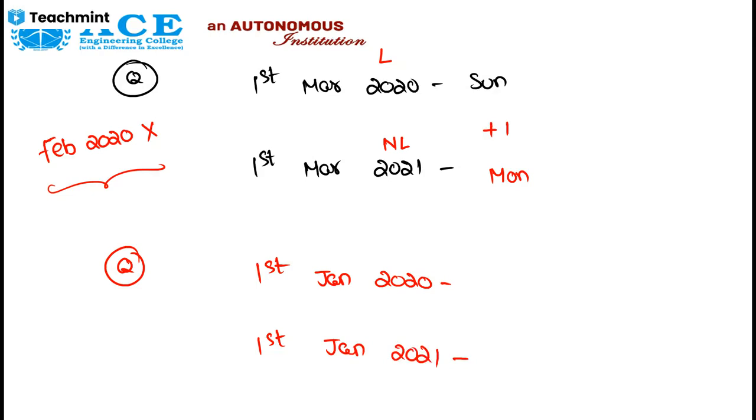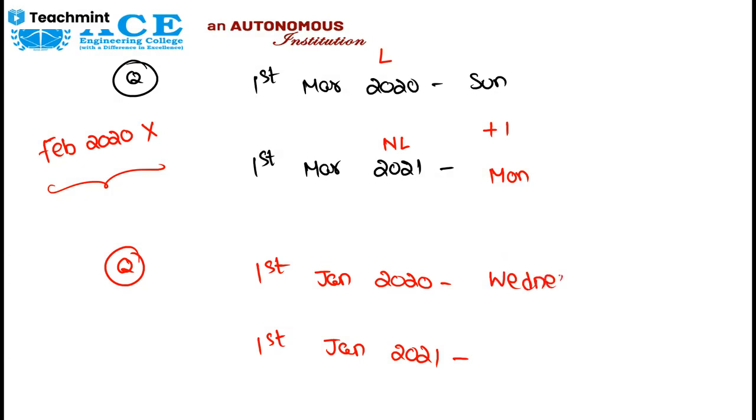See this scenario, my dear friends. 1st January 2020 is given as, we have 31 and 29. So we have 3 plus 1, 4 gap. Sunday minus 4 means it should be Wednesday. So 1st January 2020 is Wednesday.